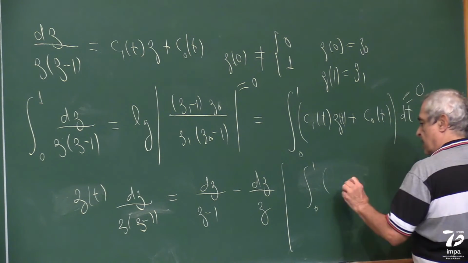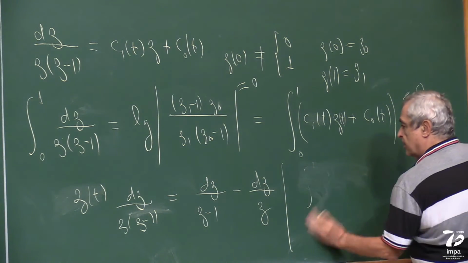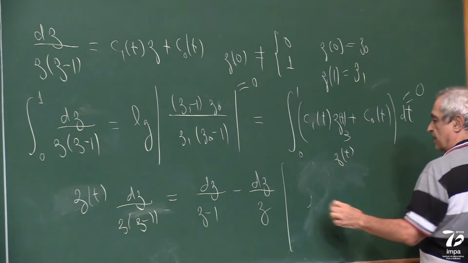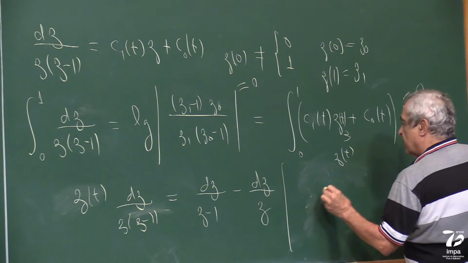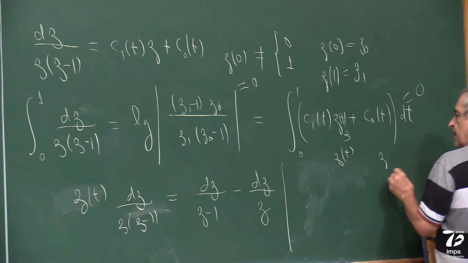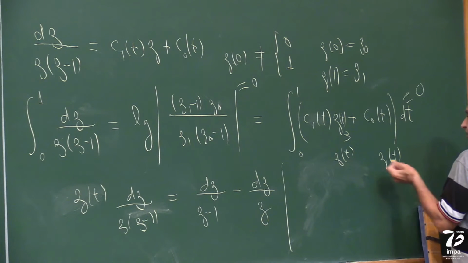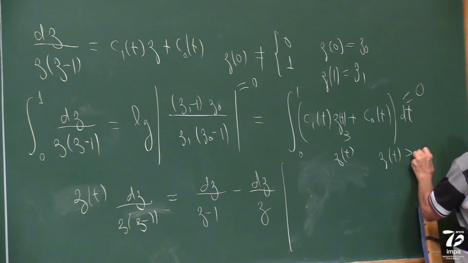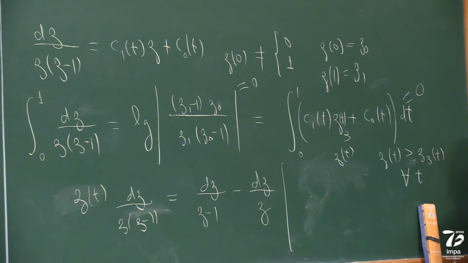So suppose you have two closed solutions, by absurd. Then you have Z3 and another solution Z, and you subtract. So I must have Z of t different from Z3 for all t. Now suppose that Z of t is bigger than Z3 of t for all t.